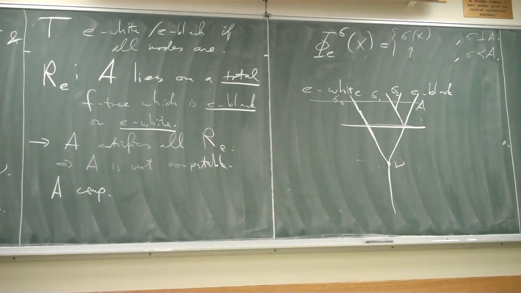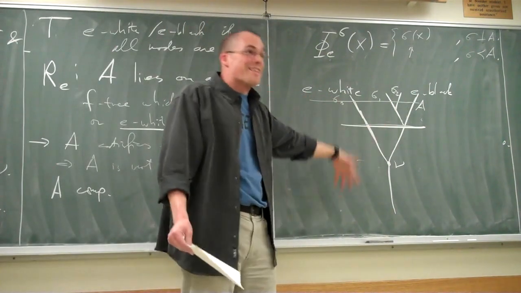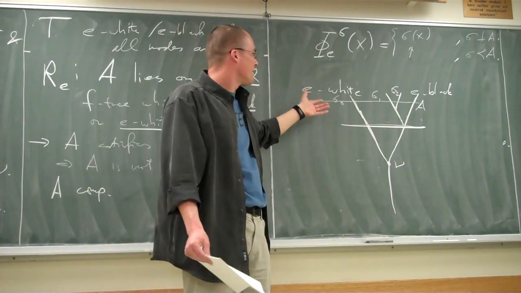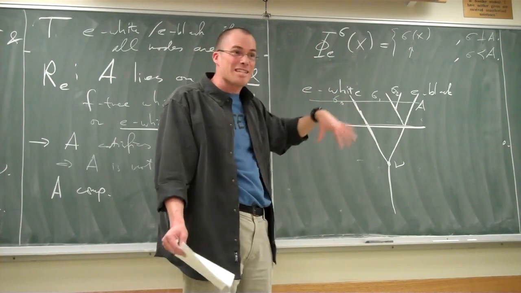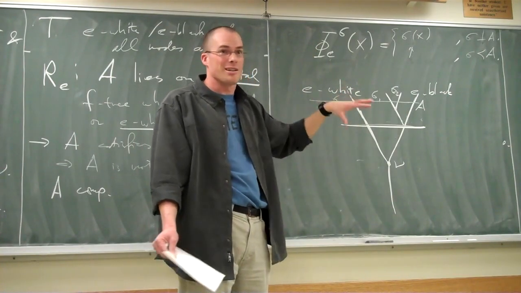And notice that the key it depends on is that E black means no splittings, E white means the immediate extensions are splitting. These definitions are not necessarily subtle, but the word immediate is not accidental. This is the key word here. You can certainly thin this tree out to become E white, but then A is no longer a branch through that tree. That's the trick.